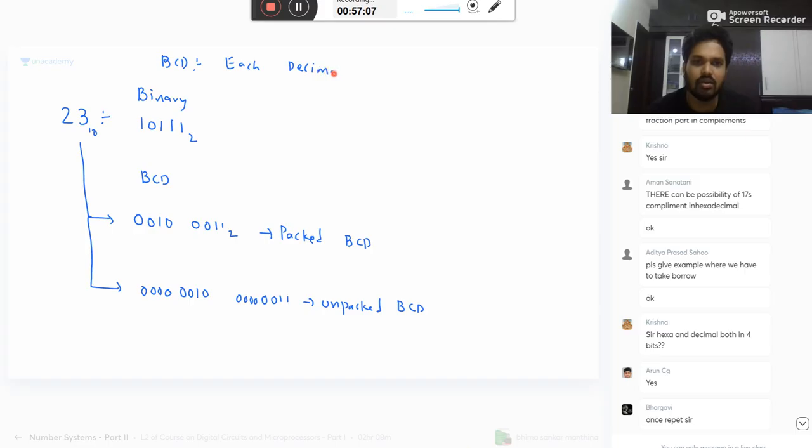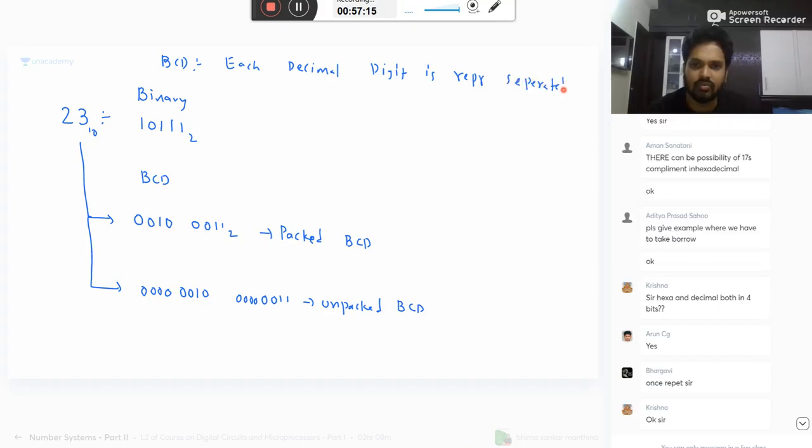Each decimal digit is represented separately with its 4-bit binary equivalent. Now please see, 23 in binary, you do the normal binary operation.